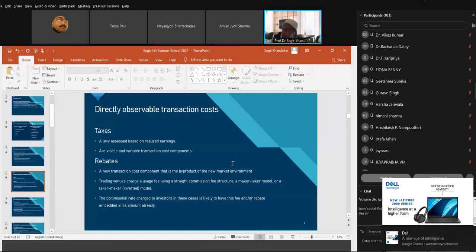In the maker-taker and taker-maker models, the fee charged will be higher than the rebate provided to ensure that the trading venue will earn a profit. Brokers may or may not pass the component on to their clients. If they do not pass it through, the broker will pay the fees or collect the rebate for their own profit pool.